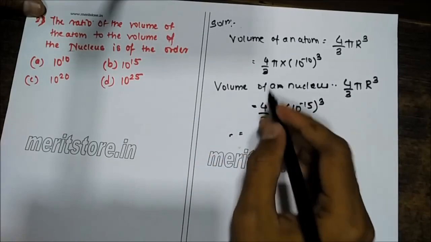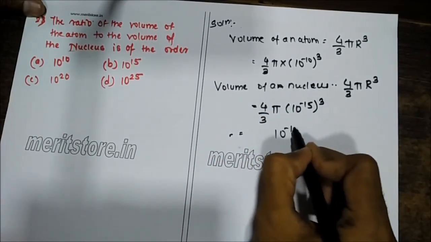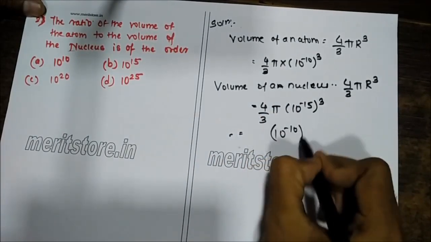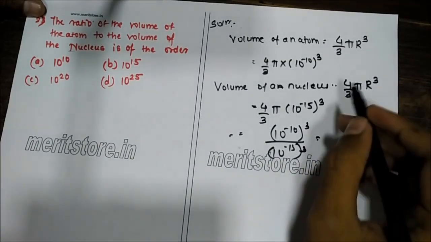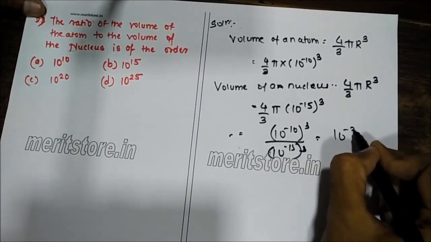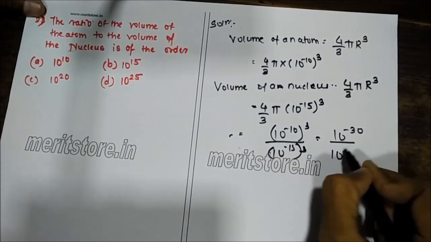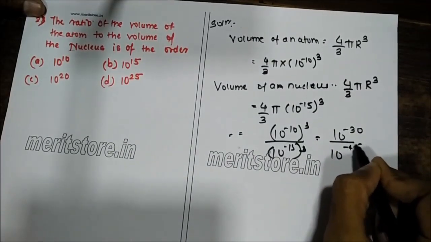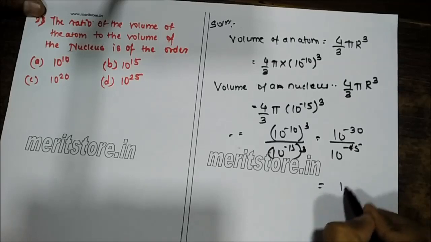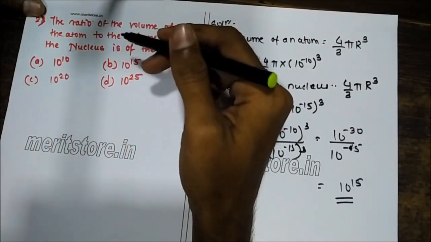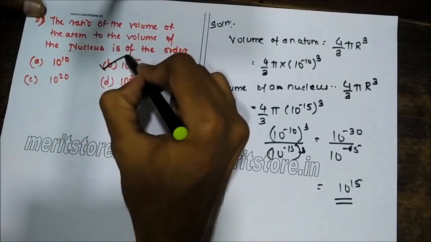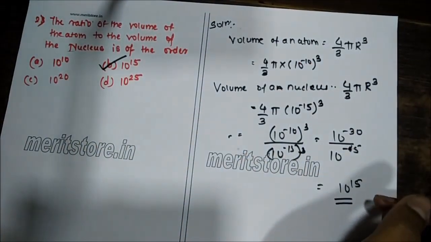Now we take the ratio of both of them, that gives 10 raised to minus 10 the whole cube upon 10 raised to minus 15 the whole cube. The rest all gets cancelled, that comes out to be 10 raised to minus 30 upon 10 raised to minus 45, which is 10 raised to 15. So the ratio of the volume of the atom to the volume of the nucleus is about 10 raised to 15. The correct option is B.